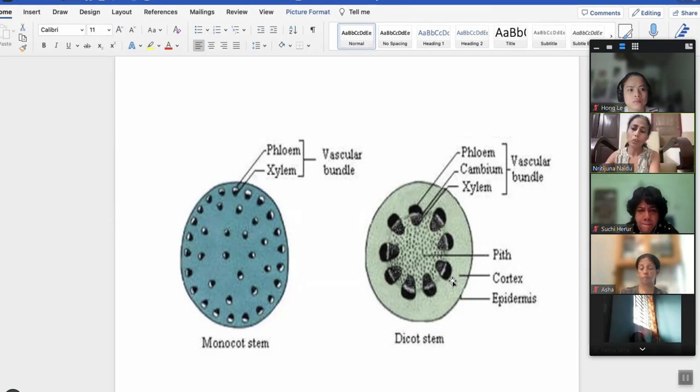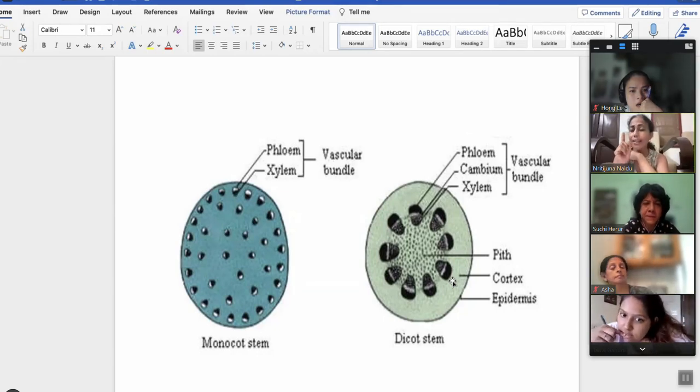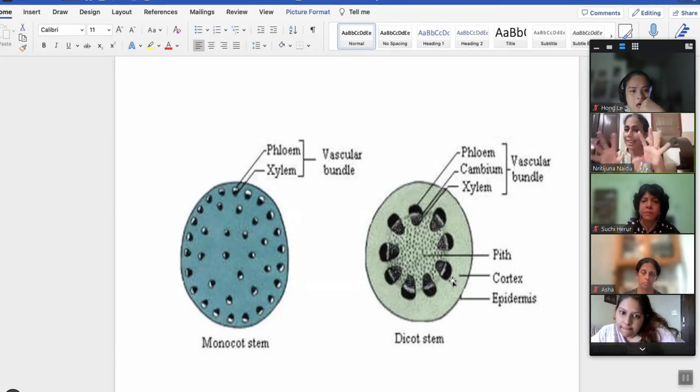Whereas if you look at the monocot stem, how are the vascular bundles arranged? They are diverted and distributed. The vascular bundles, which is again xylem, phloem, and what is missing here? The cambium is missing. But they're all scattered. Right?